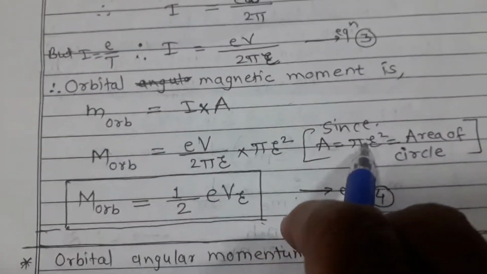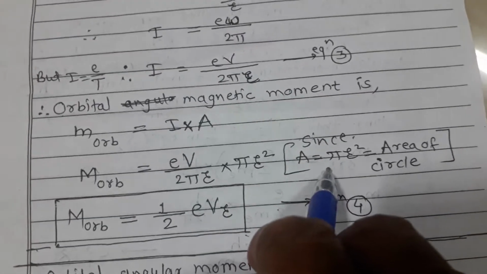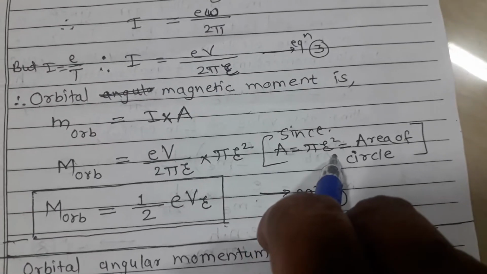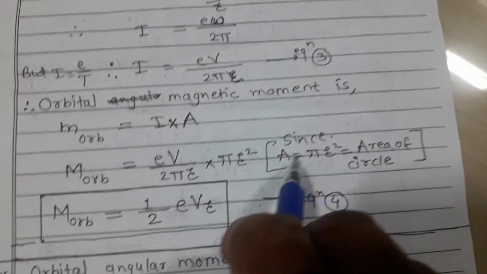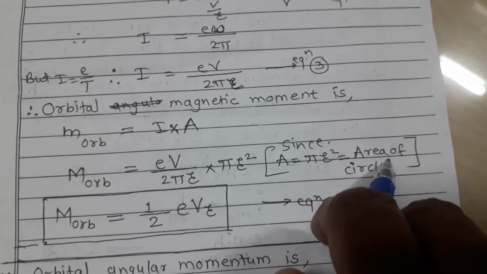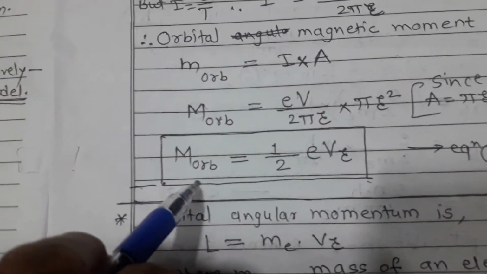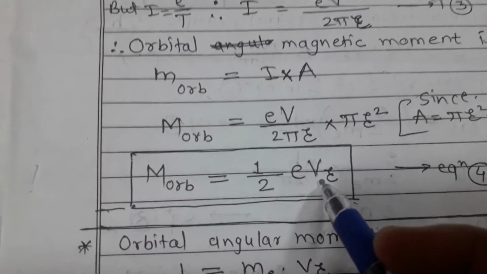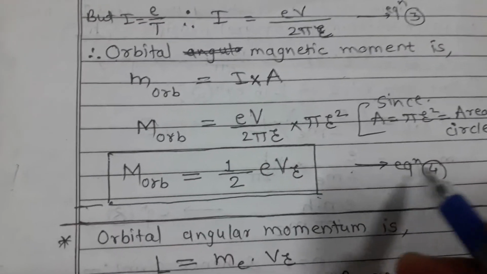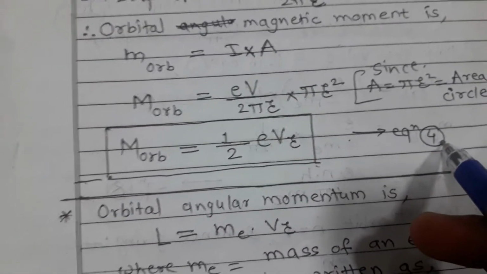See here, since capital A is equal to pi into r square, that is capital A is called the area of circle. Hence, m orbital is equal to 1/2 into e into v r. This is called equation number 4.